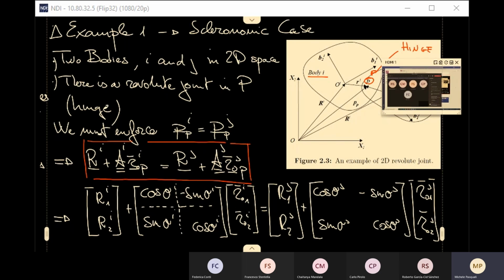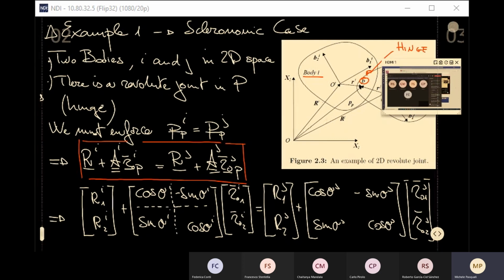So it means that it can be written as a combination of the generalized parameters q and not of its velocities, as it will be in the other case. And there is no explicit appearance of time. So that's pretty much it. So a very simple case.